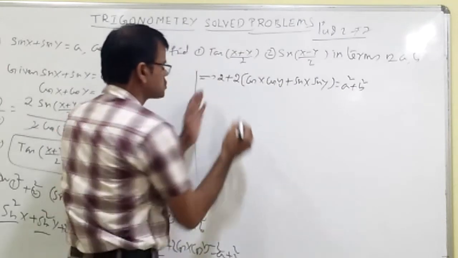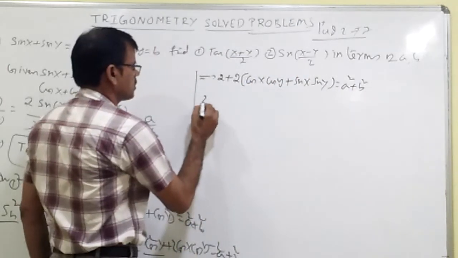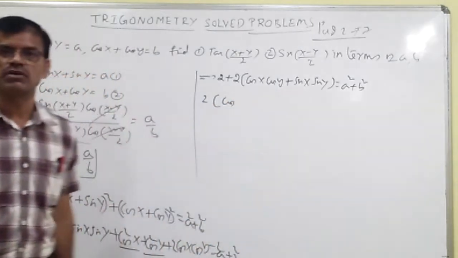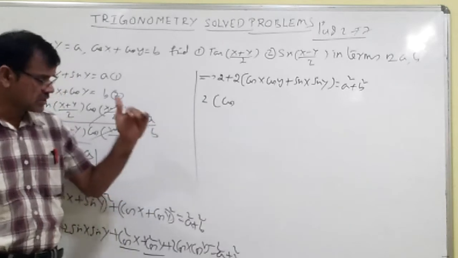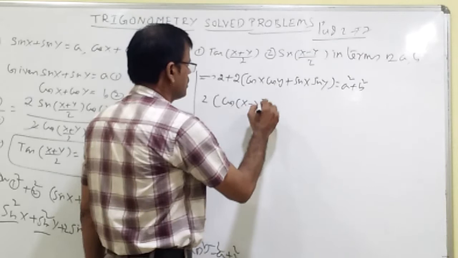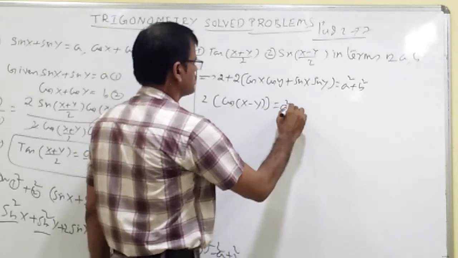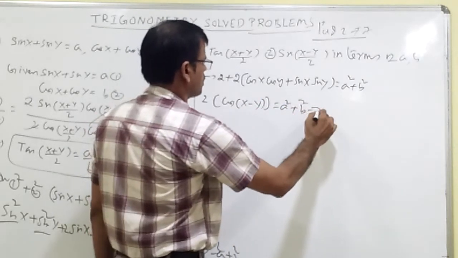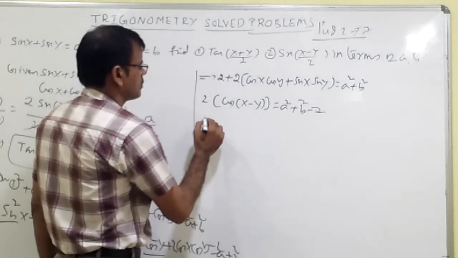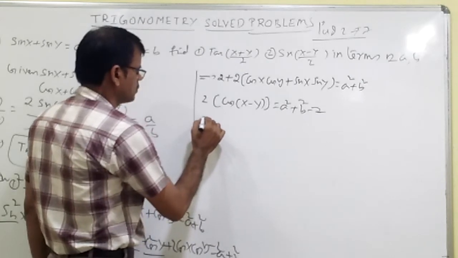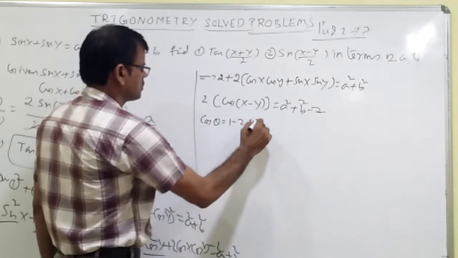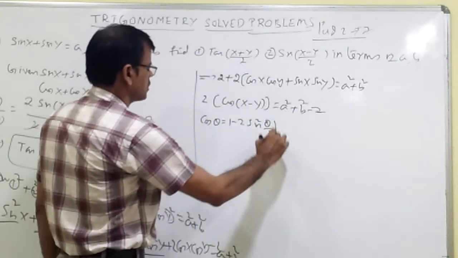Now take these two to that side: a square plus b square minus 2. Cos a cos b plus sin a sin b, according to compound angles, we know that this is cos of (x minus y). So 2 into cos of (x minus y) is equal to a square plus b square minus 2. Now remember the formula cos theta is equal to 1 minus 2 sin square theta by 2.